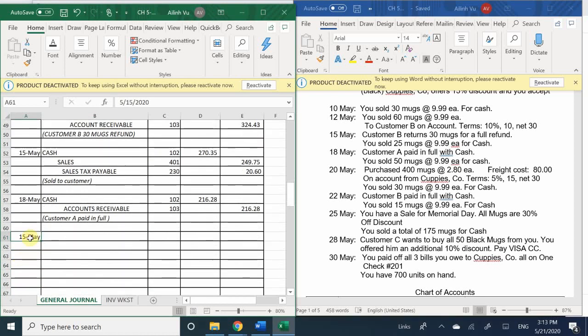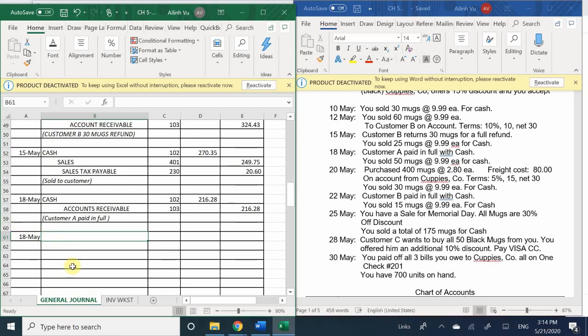I'm easily confused at this point. Andrea was stuck on the 15th. So May 15, May 18. All right, May 18. So what do we need to recognize?